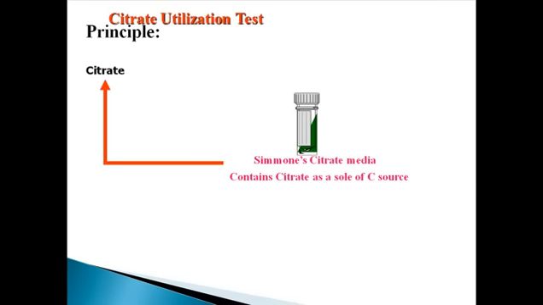Simmons citrate medium contains citrate, which is broken down into pyruvate through different steps of reactions, and this pyruvate is further broken down into carbon dioxide, sodium, and water. In normal metabolic pathways, citrate is converted to pyruvate, producing carbon dioxide, water, and some sodium as byproducts.